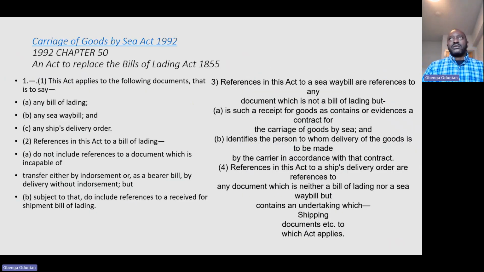The bill of lading, let's start with that. Bill of lading transportation has occurred over the centuries, has a custom, has the lex mercatoria behind it. By lex mercatoria, we mean the law of merchants.